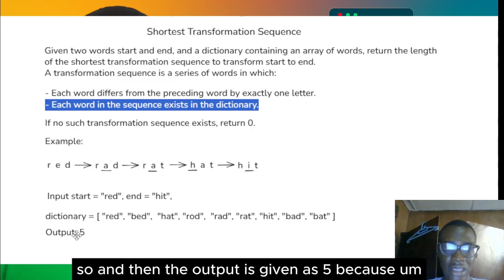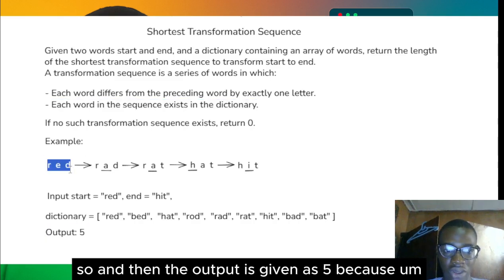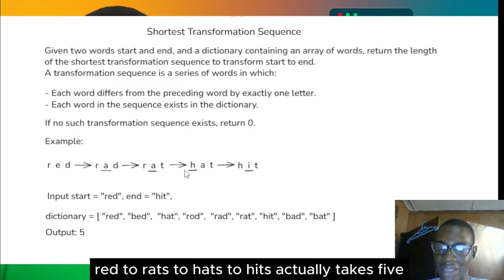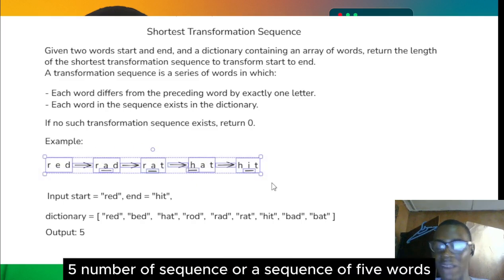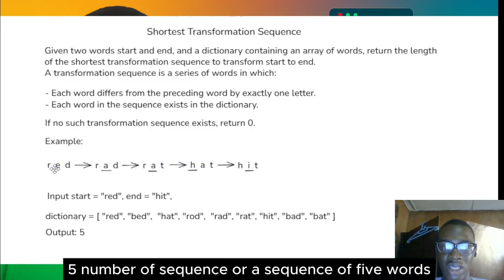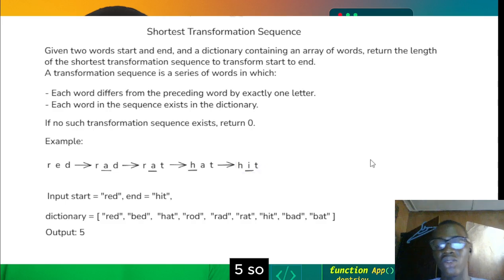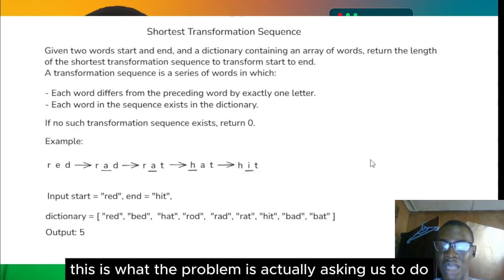So we see that each of them satisfies this condition. And then the output is given as 5 because transitioning from red to rad to rat to heart to hit actually takes a sequence of 5 words, which include 1, 2, 3, 4, 5. So this is what the problem is actually asking us to do.